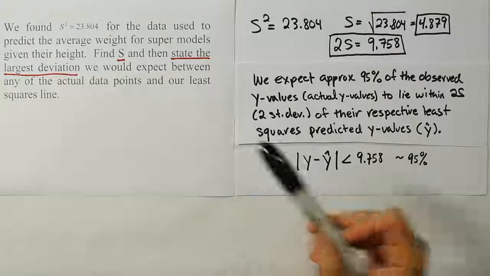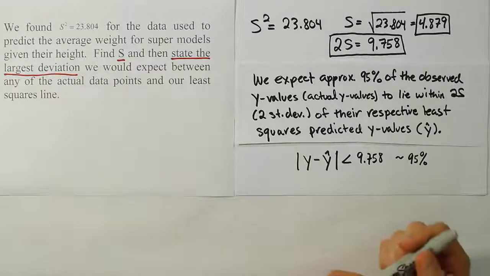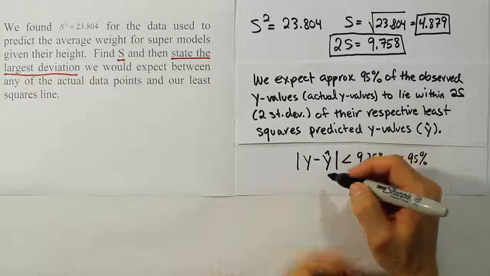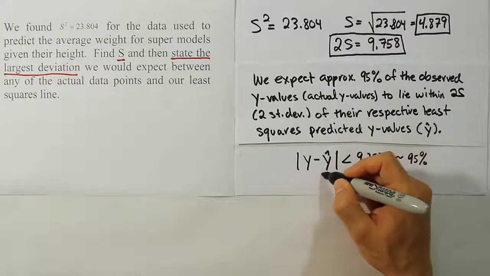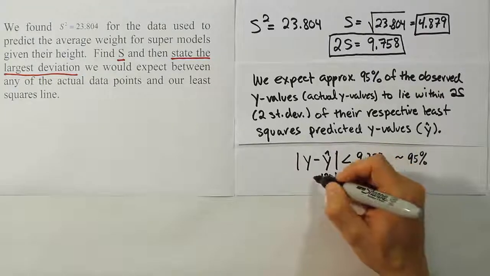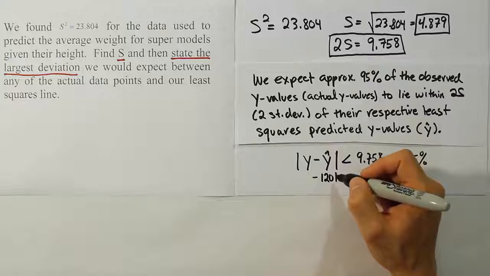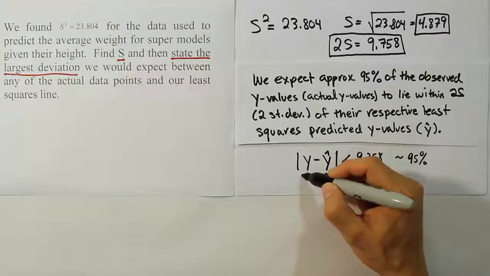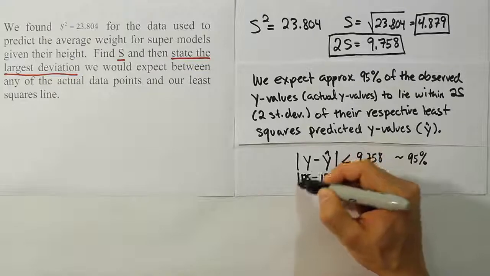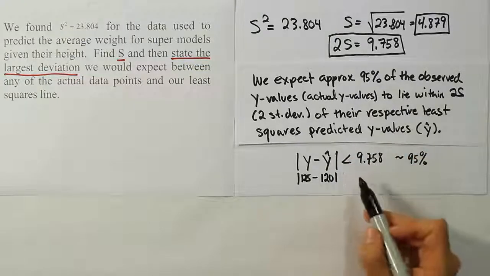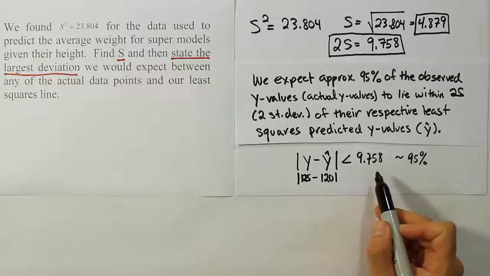Say in this problem, we're talking about supermodels' heights and weights. Let's say we made a prediction for one supermodel who is 6'1", we said that she should be 120 pounds at that height. I'm not saying that that's correct, but let's say we came up with that prediction. And we observed an actual supermodel to be, say, 125.